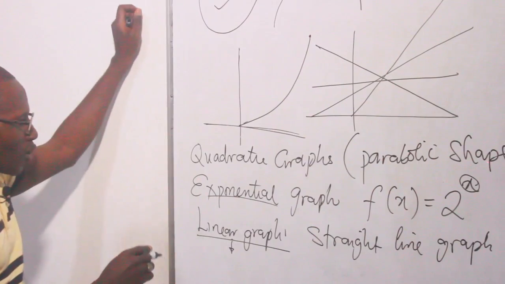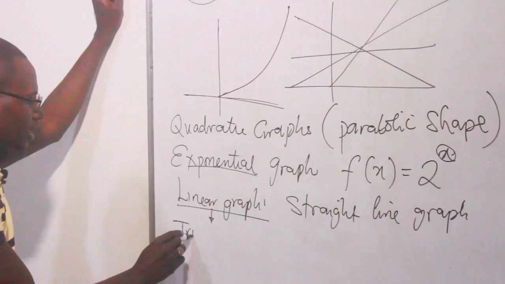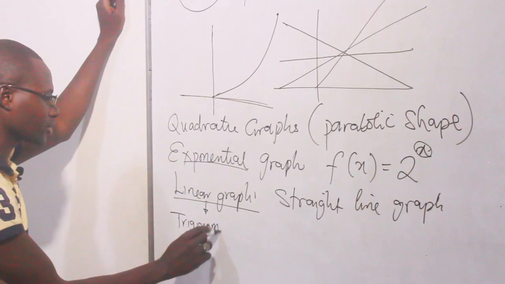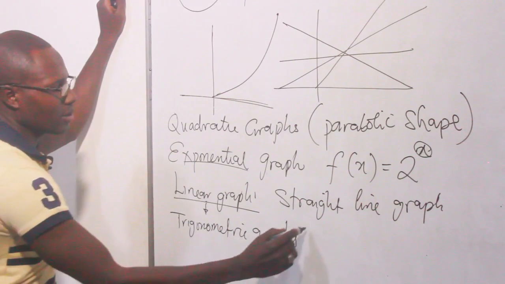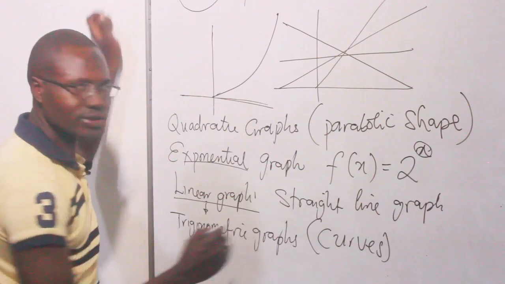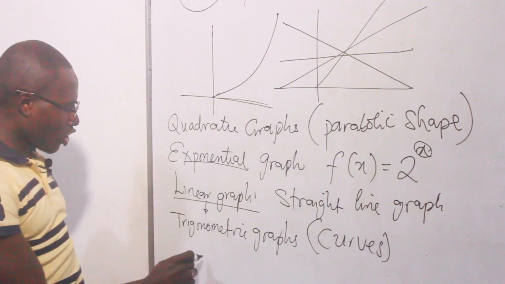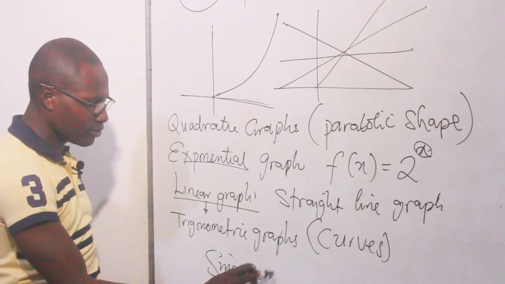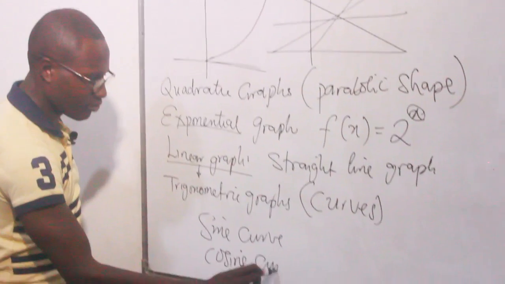Next, we have the trigonometric graph. Trigonometric graphs are normally known as trigonometric curves. Why curves? Because mainly we have the sine curve and the cosine curve.